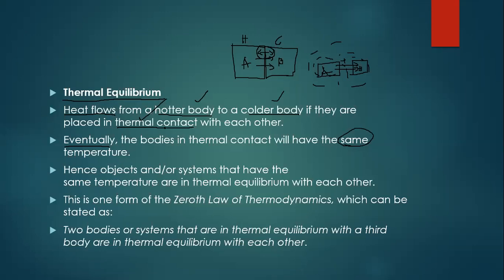If two objects which are in thermal contact have the same temperature, we call it thermal equilibrium. So if you have an object or a system that has the same temperature, we say that it is in thermal equilibrium with each other.